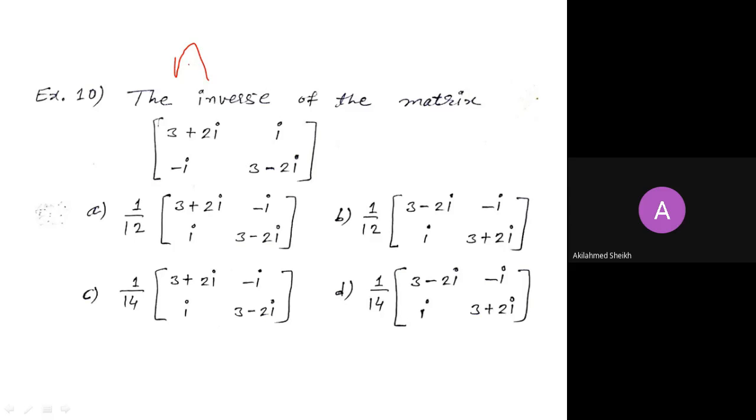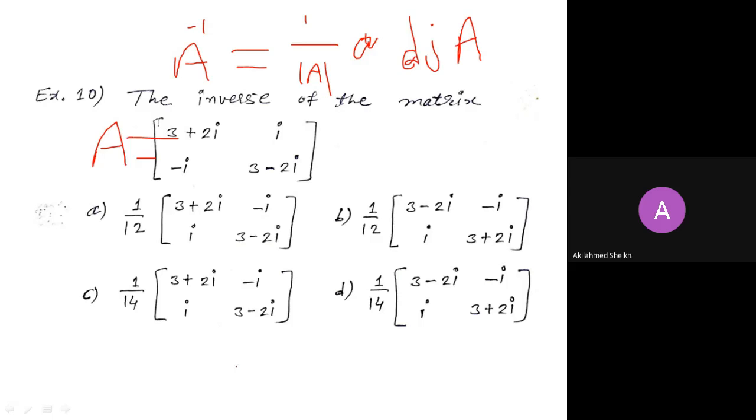If we take this matrix as A, the formula is A inverse equals 1 upon determinant of A into adjoint of A. This is the formula to find the inverse of a matrix.